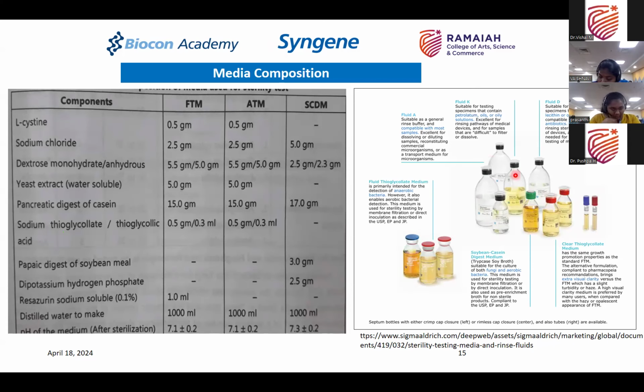So here towards the right, I have given the uses, where this particular medium is used. Fluid thioglycolate media is used for the growth of anaerobic bacteria and for sterility testing.